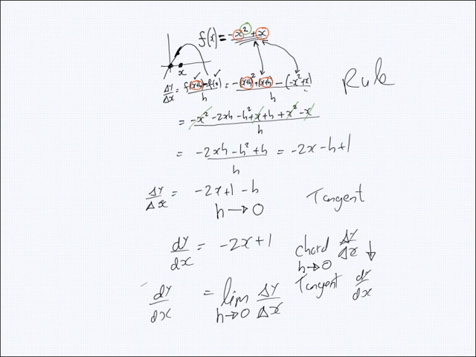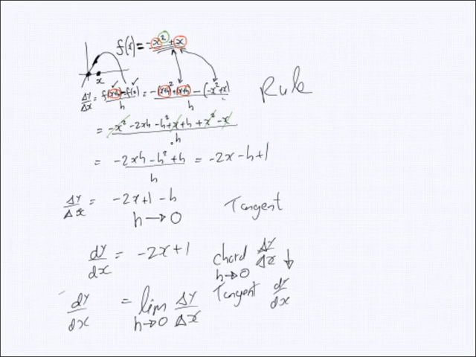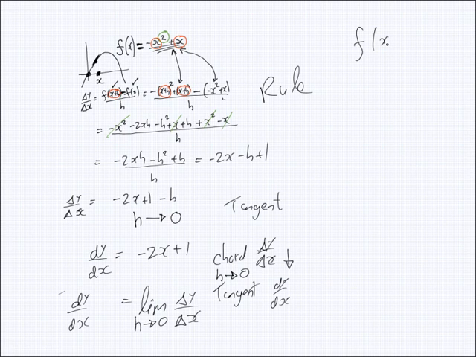Teacher, I'm confused why from negative x squared plus x, how did you get negative x squared plus x at the end here? So like the whole thing, I don't understand how you get that whole thing. Interesting. Okay. f(x) equals minus x squared plus x. Yes. f(x plus h), what does that equal? Minus (x plus h) squared plus (x plus h).